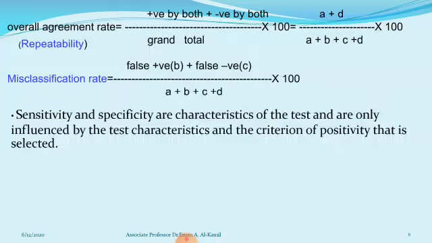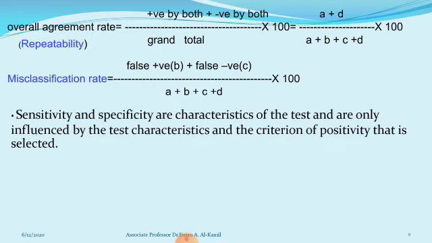The overall agreement rate is equal to positive by both plus negative by both, divided by the grand total, multiplied by 100. That means those who are positive by both the screening test and the standard test, denoted as A, which is the true positive, and the true negative, divided by the grand total.